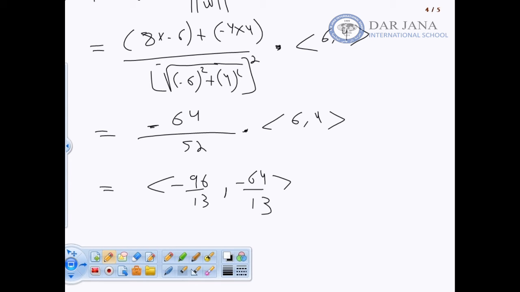Simply multiply negative 64 by 6 and then negative 64 by 4. We will get this vector. This is vector W. This is the projection of V onto W, which we will call V1. It's the vector which is parallel to W.